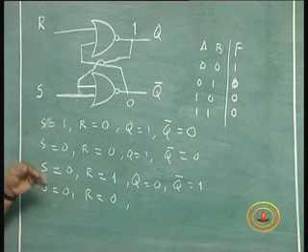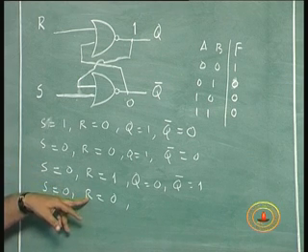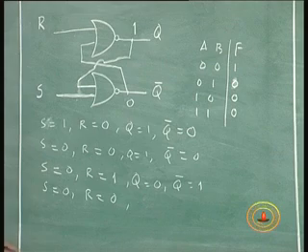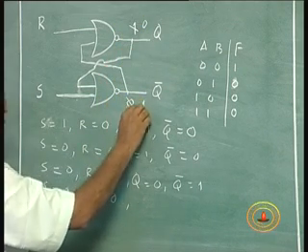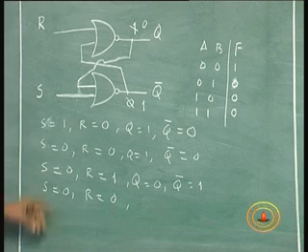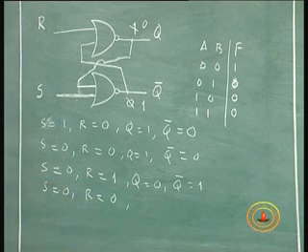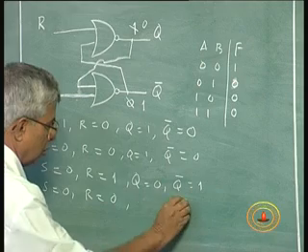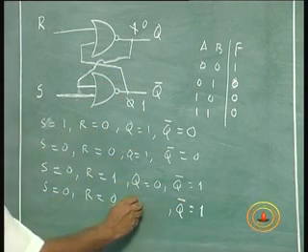After that, I am one more time making S equal to 0, R equal to 0. When you do that, what happens? Now, this was 0, now this is 1. So, 0, 0 continues to be 1 and 1, 0 continues to be 0.